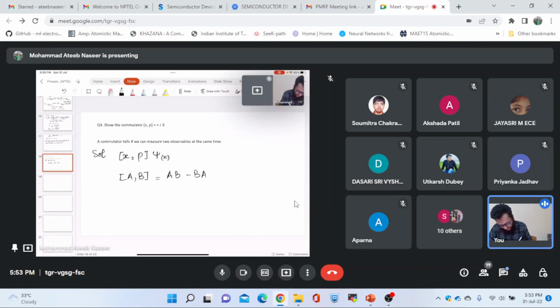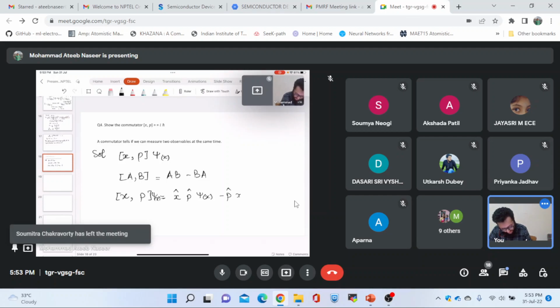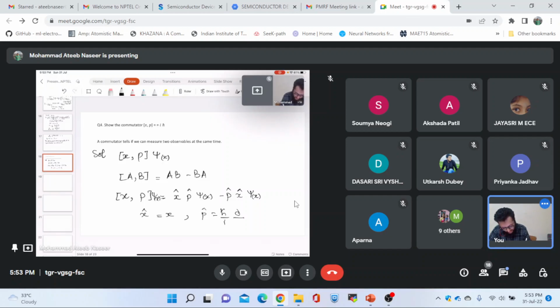So if we use this for the position and momentum operators, we will simply get it to be equal to x, the position operator, let me put it as x hat, and the momentum operator will be p hat, and this will be operating over psi of x. Now we know that for the position operator, x will be x, and the momentum operator p hat is given by h bar by iota d by dx. Simple, as taught by the professor in the lecture.